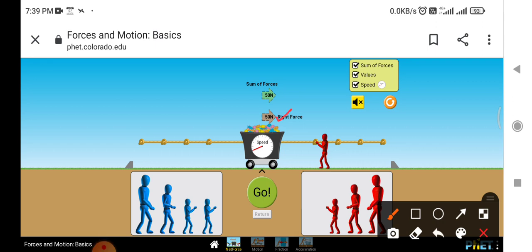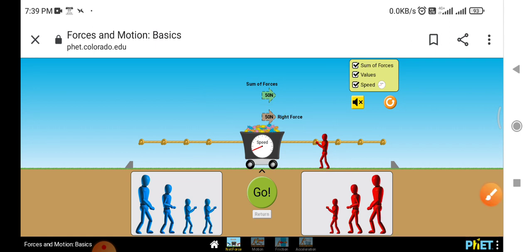It is clearly shown here, 50 Newton force. So the sum of the force: on this side there is no force, and here he applied 50 Newton. So the sum of the force is 0 plus 50, so the sum is 50 Newton.